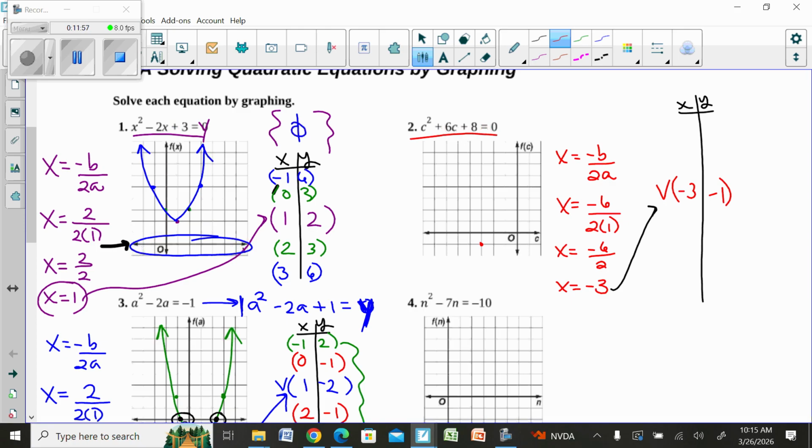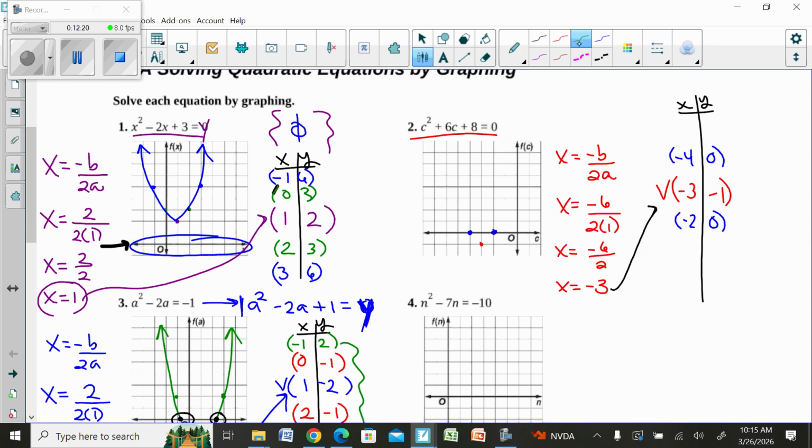I need a couple more points. So to the left and to the right of that is negative 4, 0. And to the right of that is negative 2, 0. And so that's here, right on the x-axis, or in this case, the c-axis. And then I need 2 more points just to get that curvature.